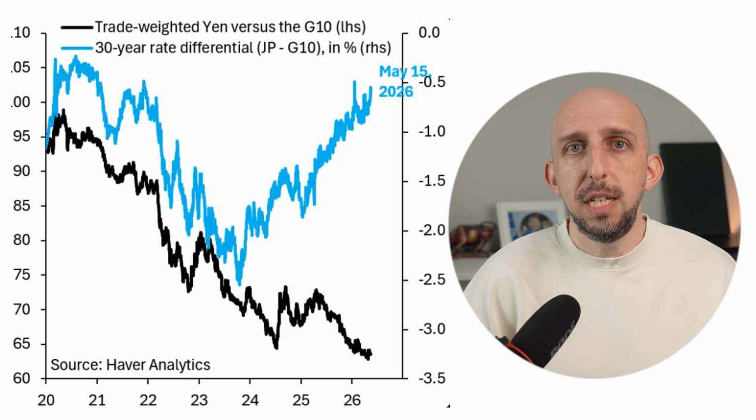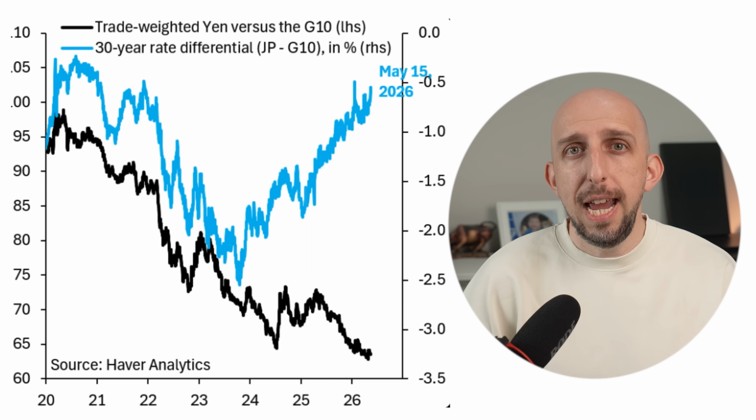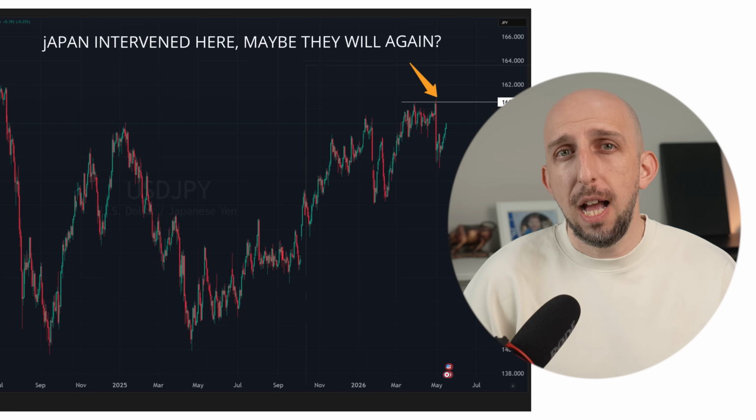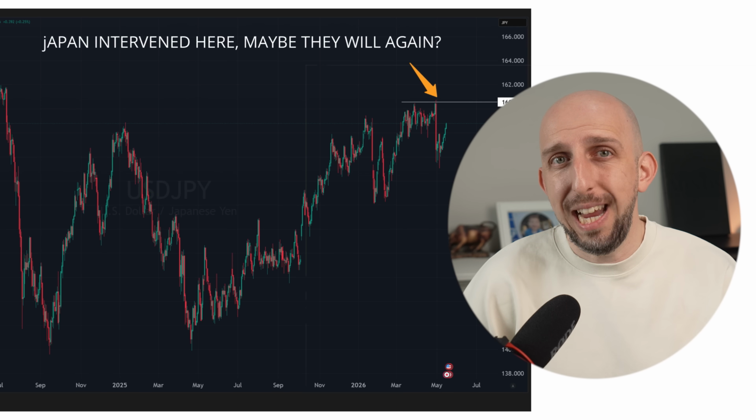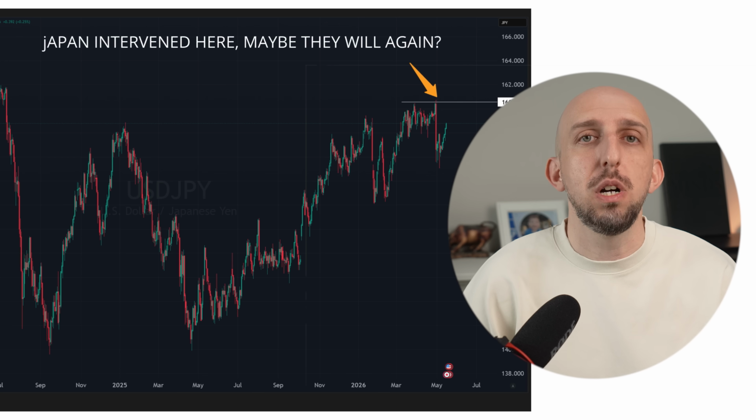The BOJ is expected to hike to 1% in June. If they do, it could trigger a carry trade unwind, and Japanese investors hold roughly $1 trillion in US treasuries. If they start selling, our yields go higher and our leverage problems get exponentially worse.